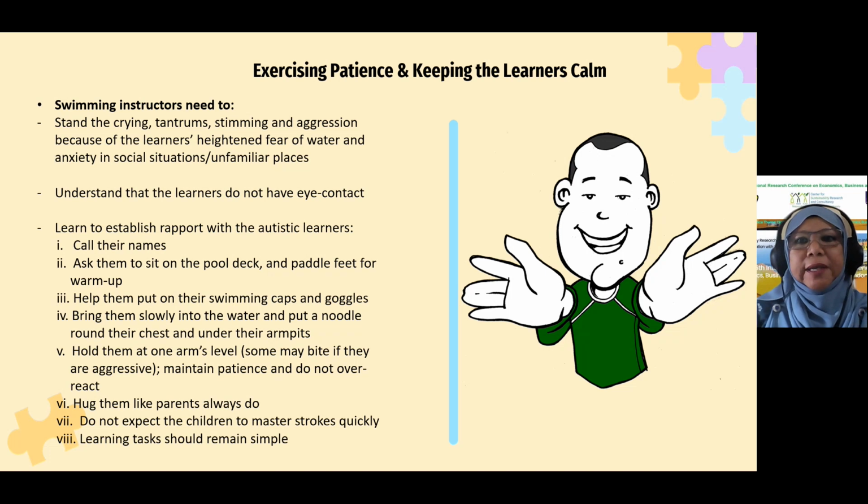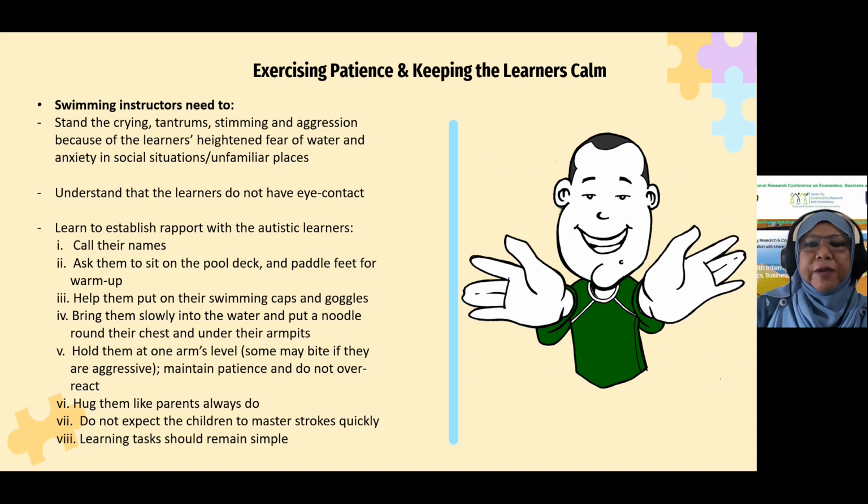And then normally they will come not yet wearing their swimming caps and goggles. So the teachers will help them put on their swimming caps and also the goggles. And then slowly the teachers will bring them down into the water and put a swimming noodle around their chest and under their armpits.